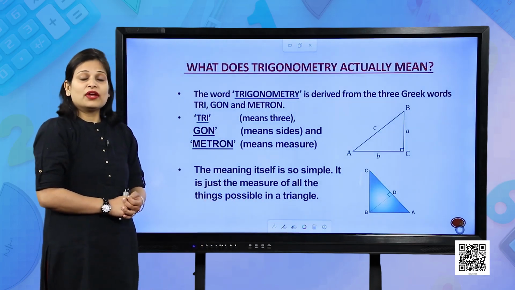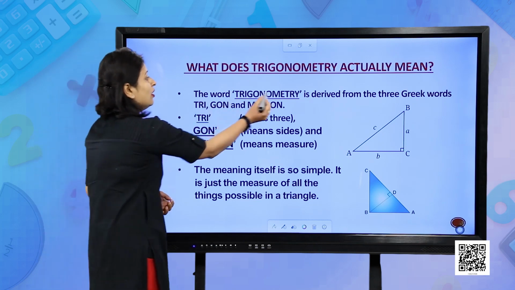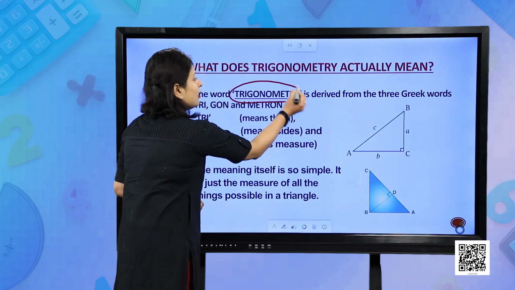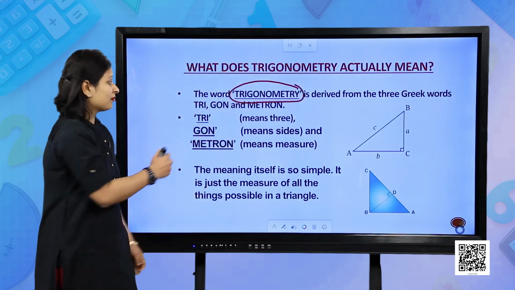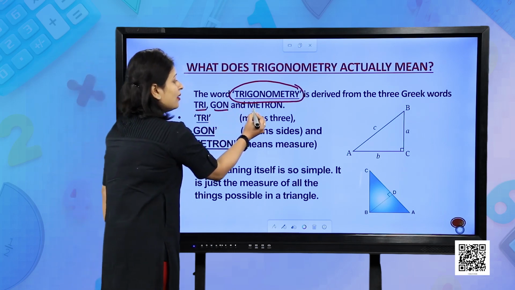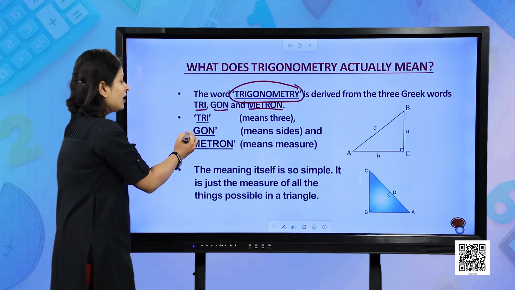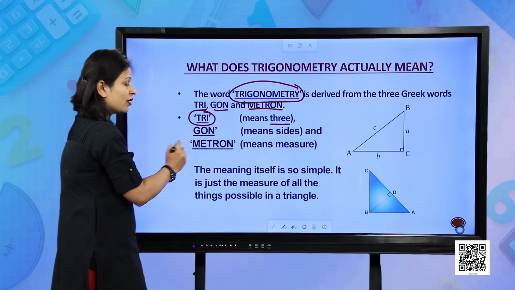What does trigonometry actually mean? The word trigonometry is derived from 3 Greek words, tri, gon and metron. Here tri means what? 3.